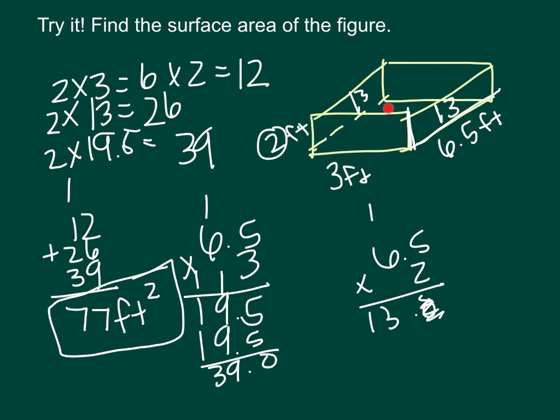And then the bottom, which was bigger, and the top, which was bigger, I multiplied 3 times 6.5, which was done right here. And that gave me 19.5, and because there's a top and a bottom, I times that by 2, which gave me 39. I added up all 3 numbers, giving me my total square or surface area.